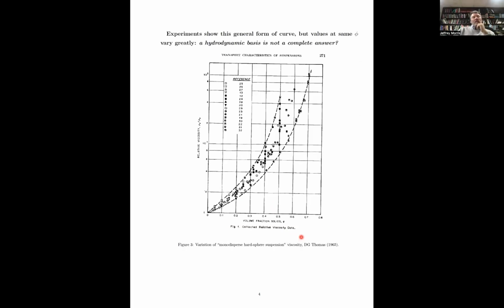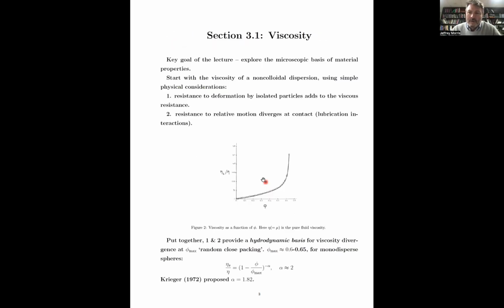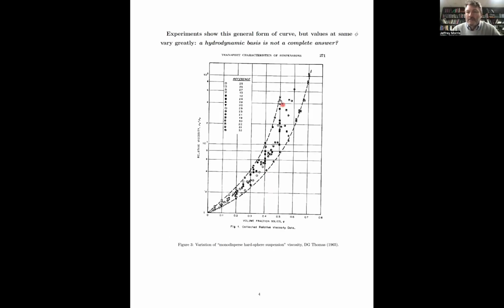But there's this set of data that goes back to 1965 by Thomas, where he put together a lot of results from nearly monodisperse suspensions, as neutrally buoyant as possible in many cases, and found the relative viscosity as a function of volume fraction didn't obey one curve. It was all over the place, right?